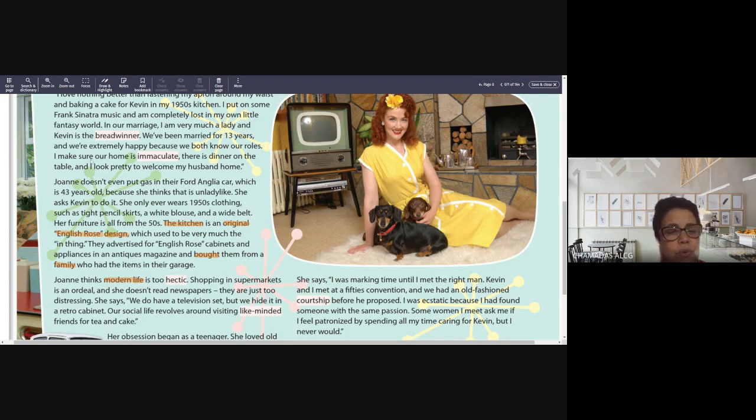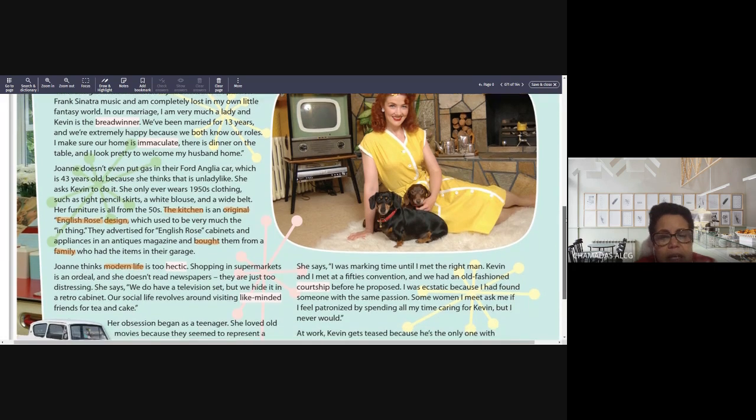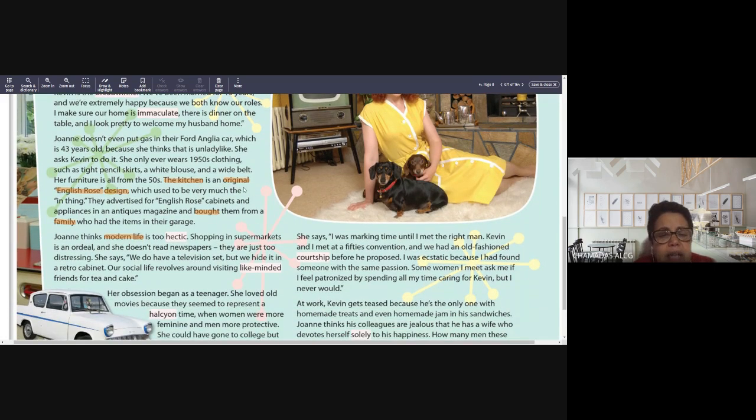I make sure our home is immaculate. This is similar to Portuguese. Immaculate. All right, people. This word is similar to Portuguese. Here, the kitchen is an original English rose design.